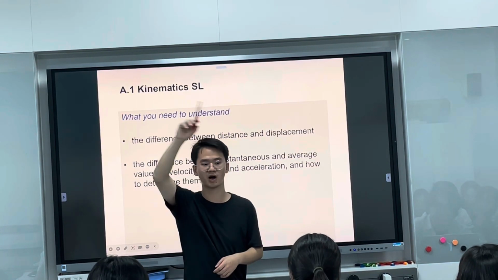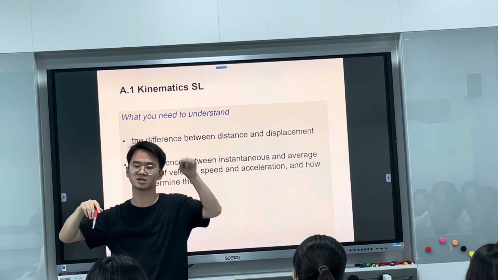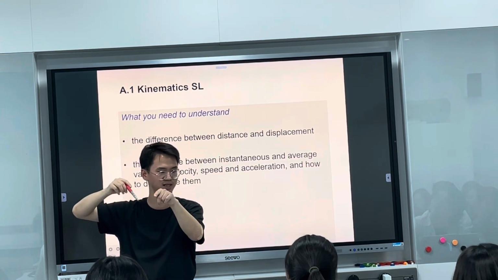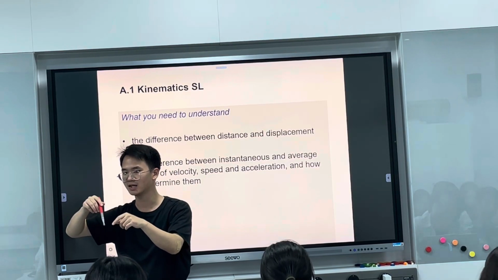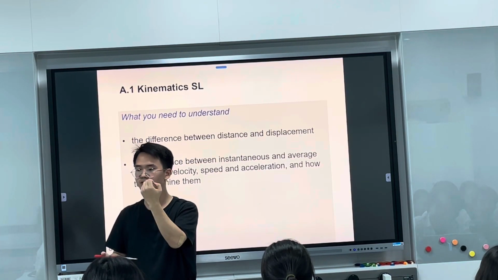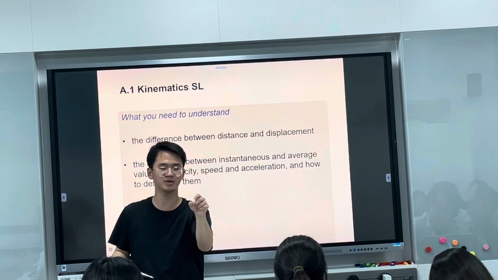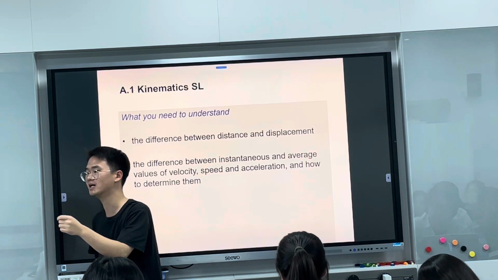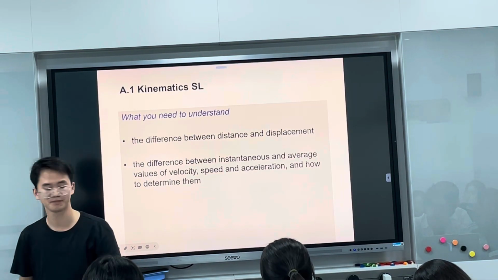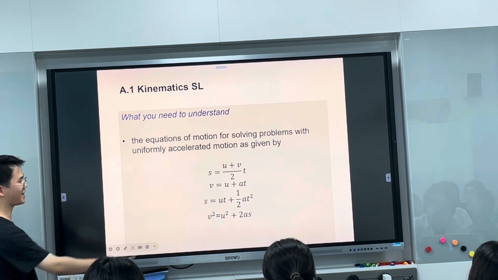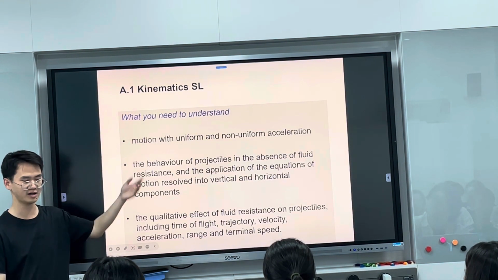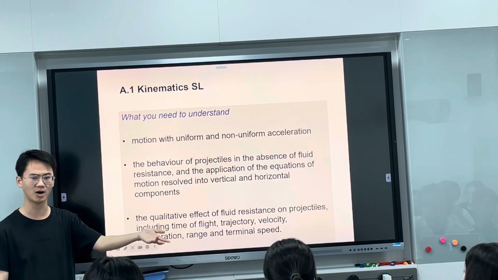So if you run a circle where your starting position and your ending position overlap, then there's no straight line between them, so the displacement is 0, right?